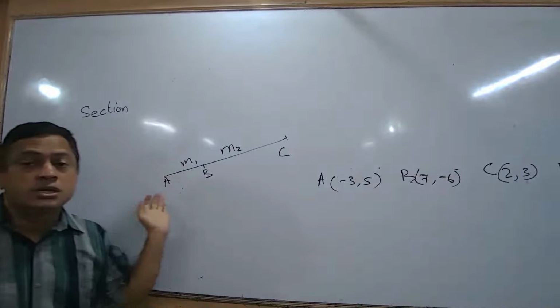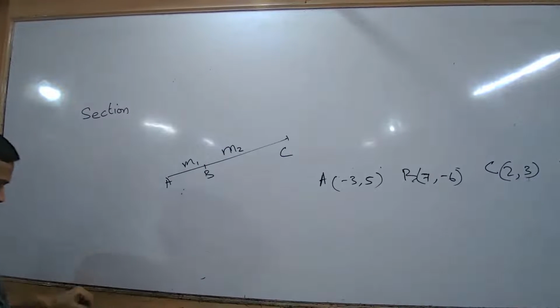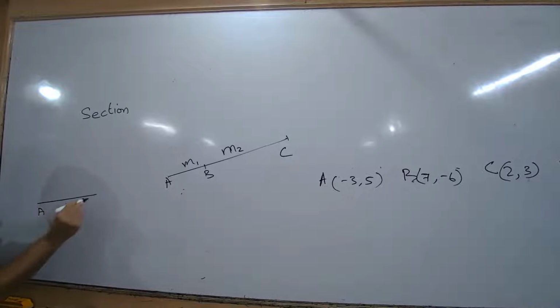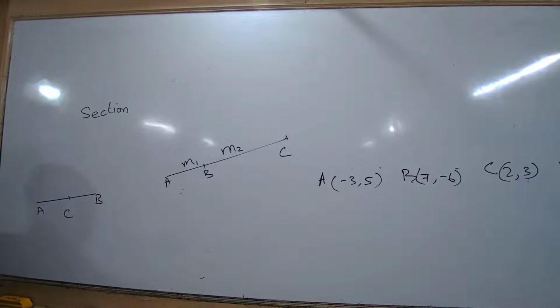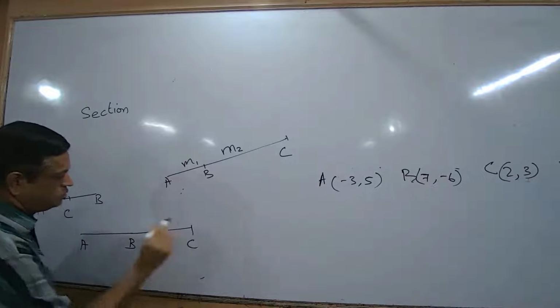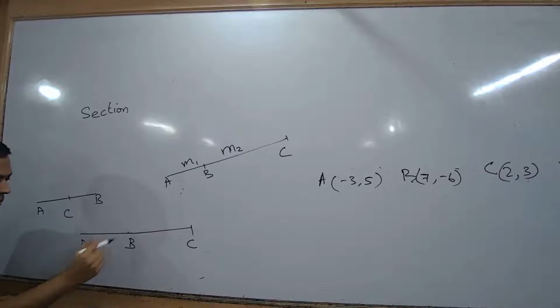This division is internal division. There is an external division also, which we will explain later. Look here: C divides AB internally in the ratio AC is to CB. If I extend this, C divides AB externally in the ratio AC is to BC.